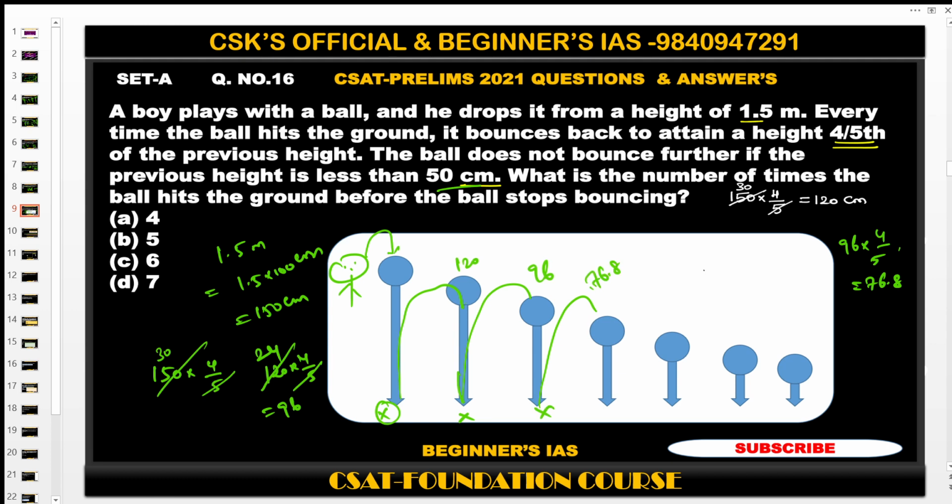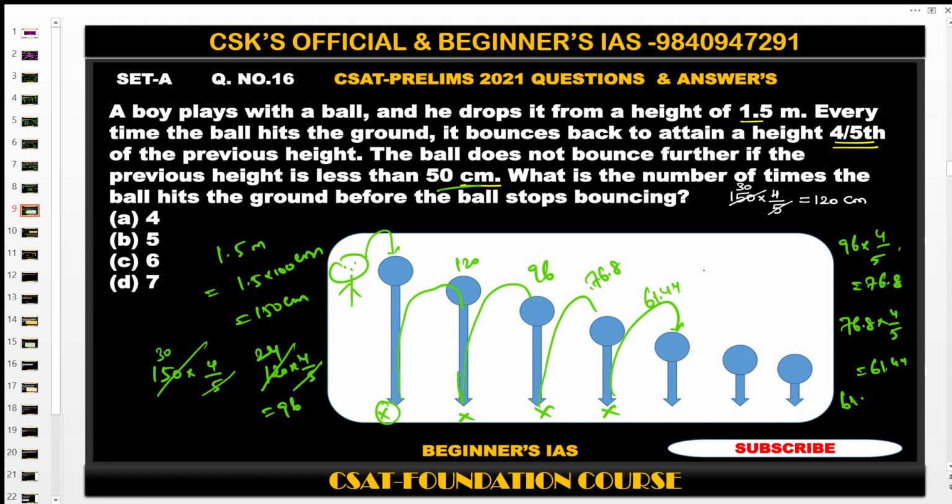Now 76.8 times 4/5 is 61.44. Therefore 61.44 is also greater, so it bounces here. So now 4 times here.